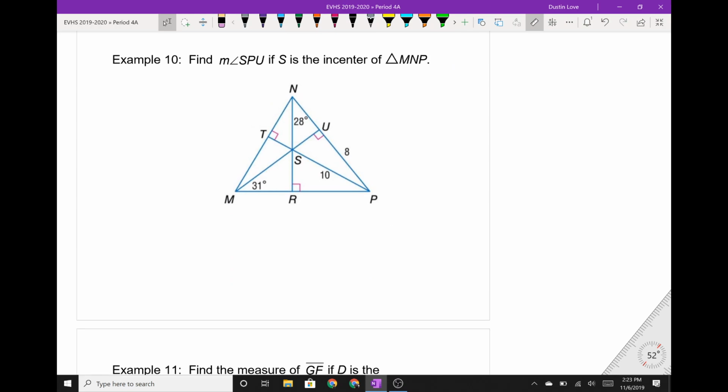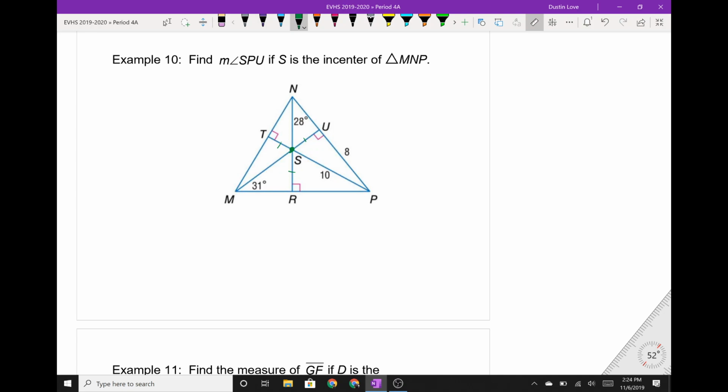All right, angle SPU. Find SPU if S is the incenter. All right, incenter tells me that these guys are congruent. What else does it tell me? Okay, yes, it's a right triangle. But how do I form the incenter?